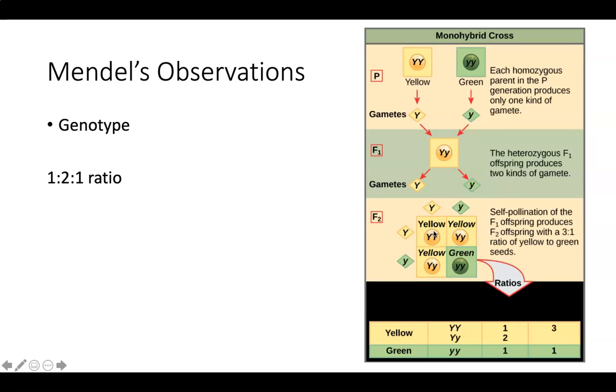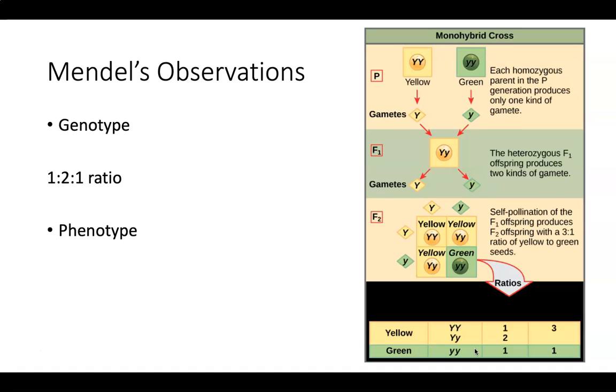Because if we look here in our Punnett square, we get 1 homozygous dominant, 2 heterozygous, and then 1 homozygous recessive. And so we get 2 different ratios, 1 ratio for the genotype.